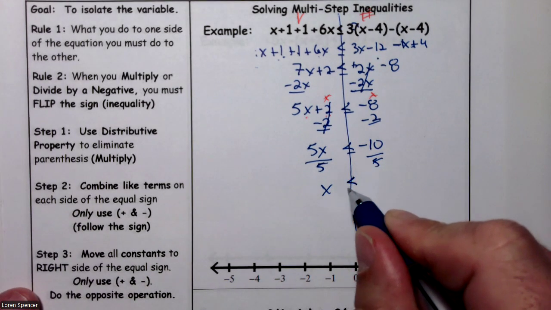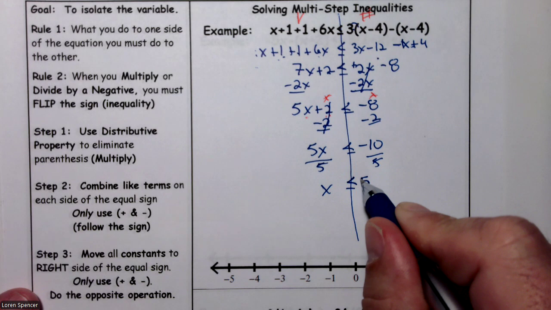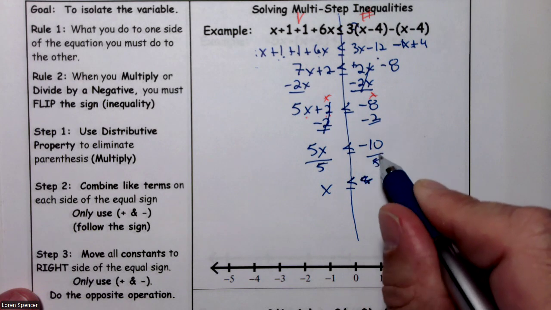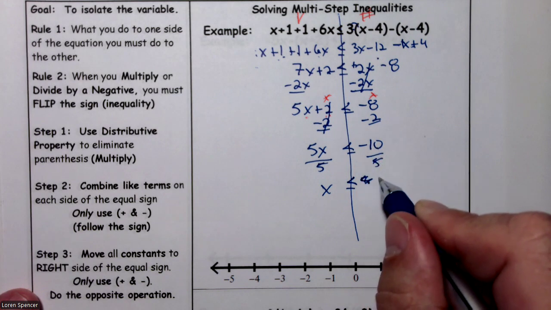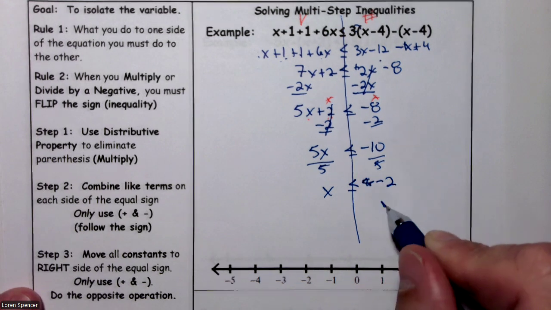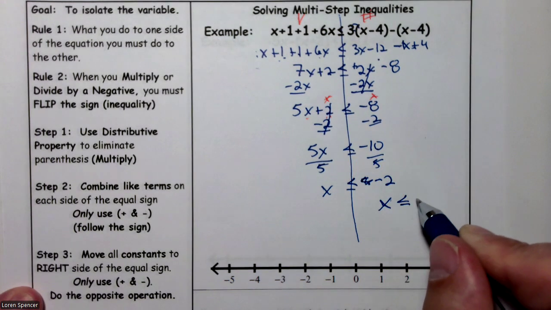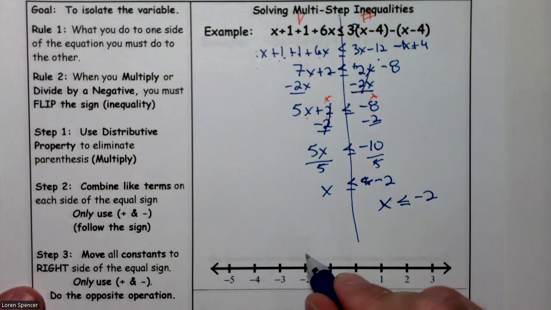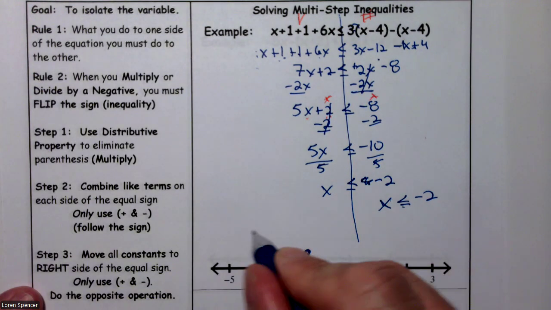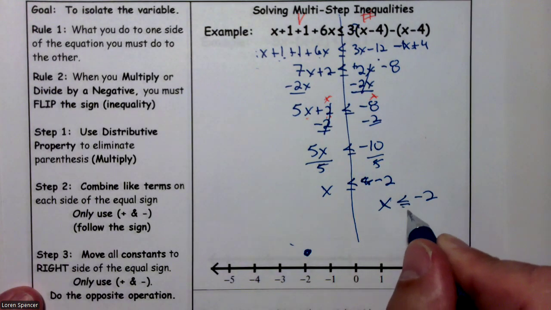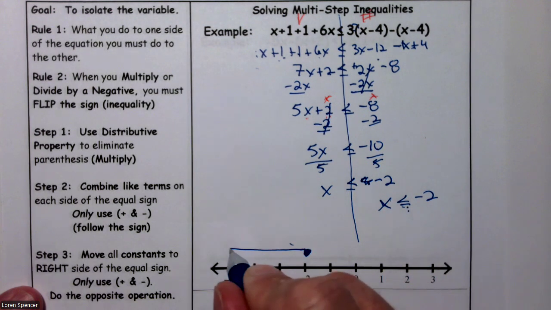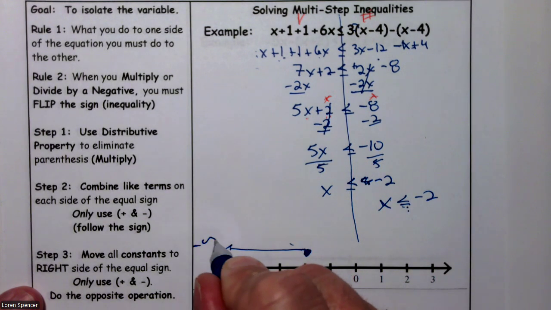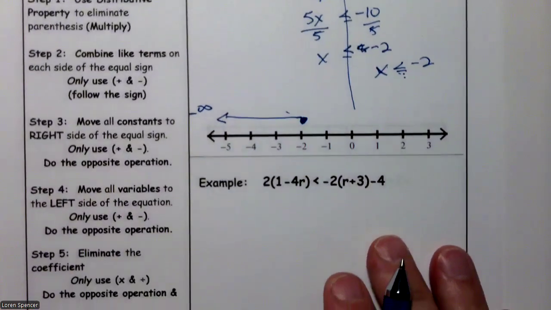Because I'm dividing by a positive, I do not need to switch. And -10 divided by 5 is -2. So my answer is x is less than or equal to -2. My arrow is pointing to the left. It has a line. A line makes it a solid, pointing to the left. So I draw this to the left, and it's going off to negative infinity.